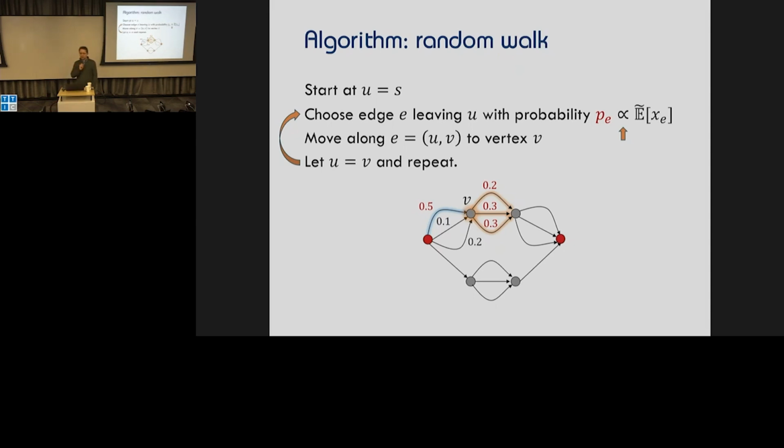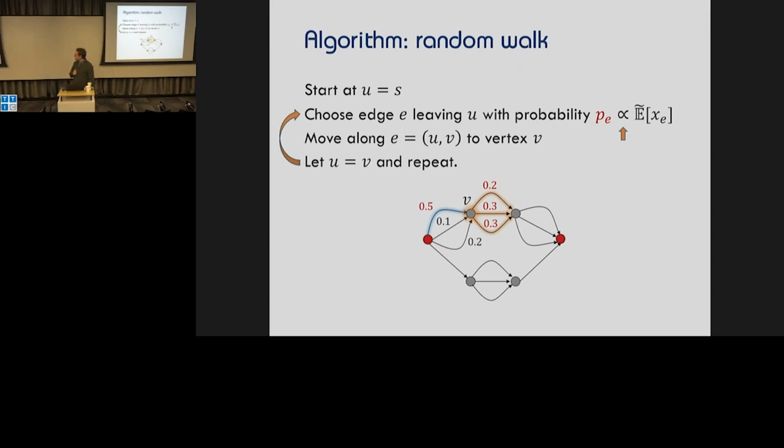And then we want to repeat the same process over and over. There is a slight twist here: if you look at all edges leaving v, then now the sum of their probabilities doesn't add up to 1, but we choose probabilities proportionally to the pseudo-expectations of these edges.